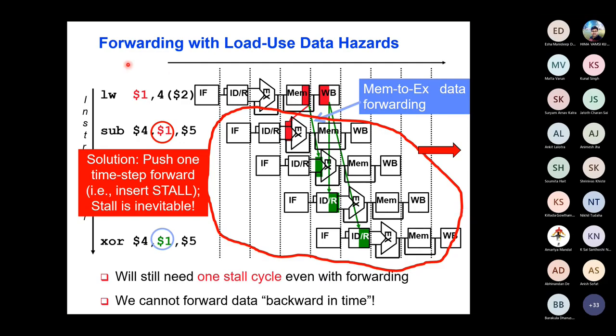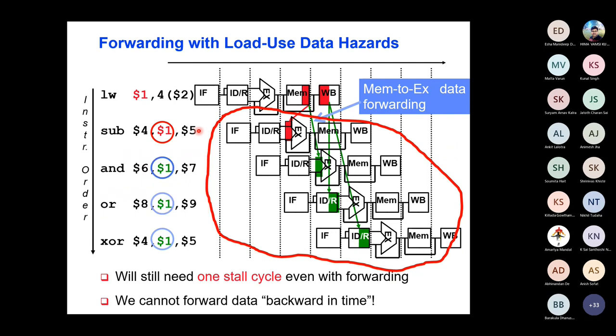So overall, you can compute how many clock cycles should be needed. How many instructions are there? The first one would take 5 clock cycles.